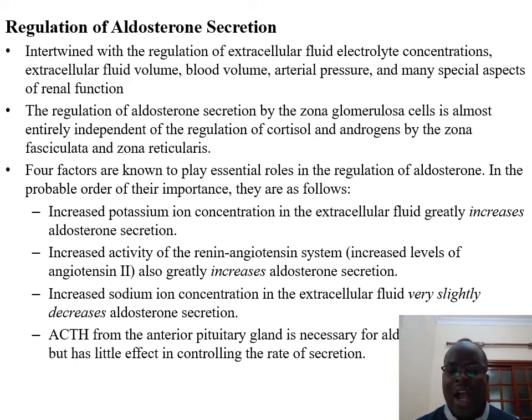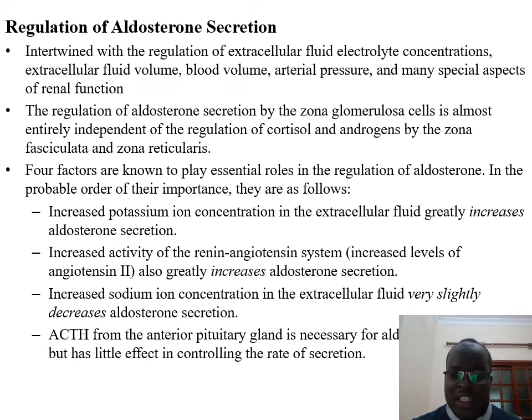So if you have hyperkalemia, the hyperkalemia will stimulate the zona glomerulosa to release a lot of aldosterone that will exchange the potassium for sodium. So that is one way of removing the potassium from the body. That's why an increase in potassium will cause an increase in the secretion of aldosterone.